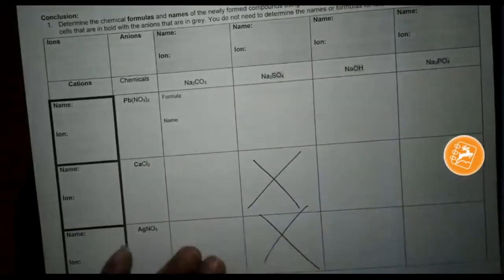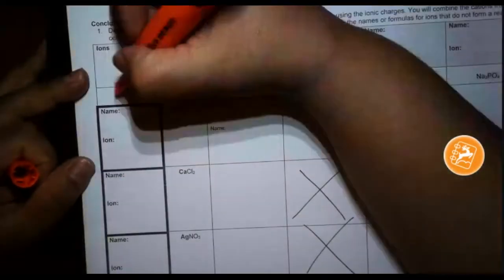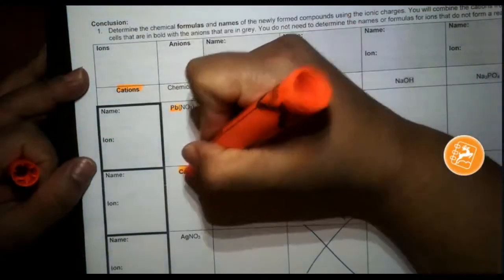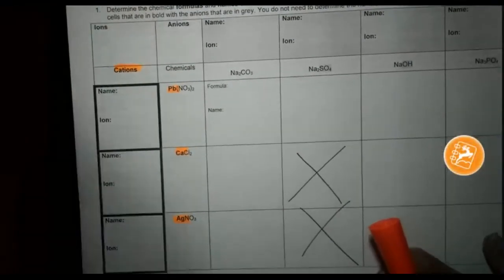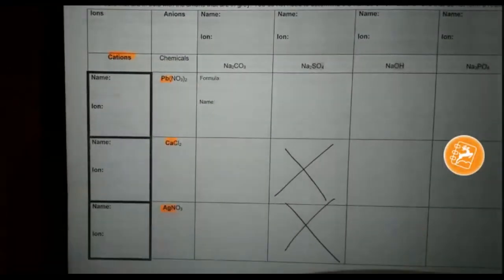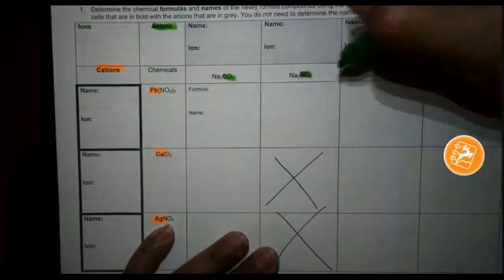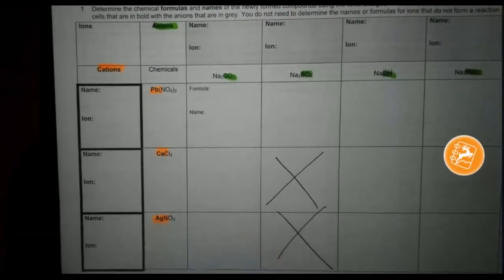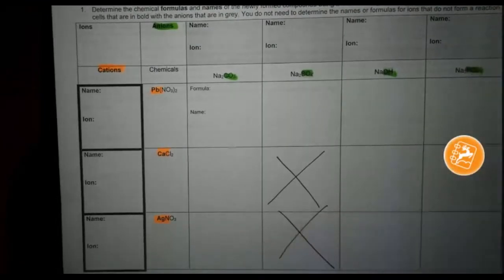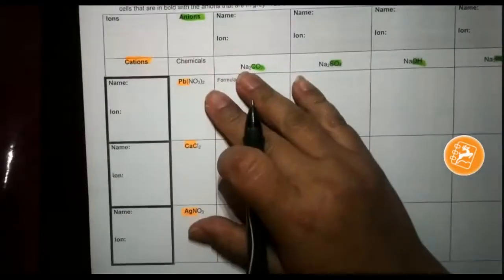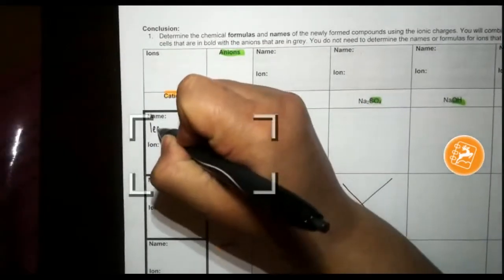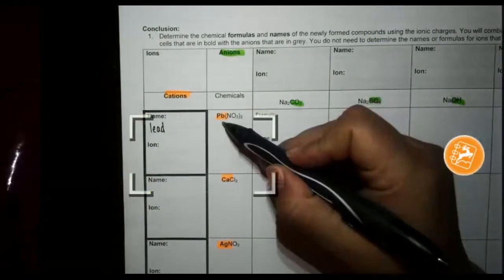But it says to combine the cations from here and the anions from these cells. So I'm going to look at these metals, Pb, Ca, and Ag. I know that Pb is named lead, and I have to figure out what the charge is.